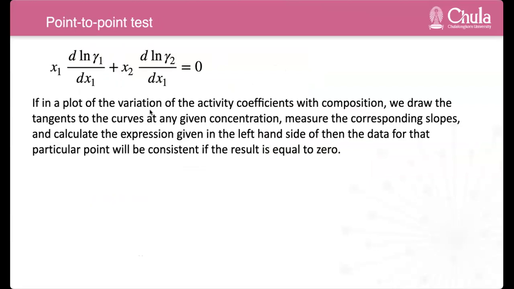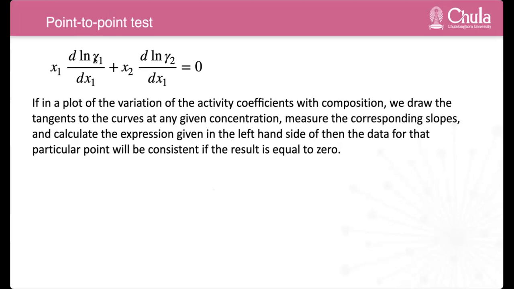Okay, where this one we start from this, and how you do it. You plot the variation of activity coefficient with composition and draw a tangent line. Okay. Then each point, sorry that I don't have an example here. Yeah, maybe next class I will show you some example.